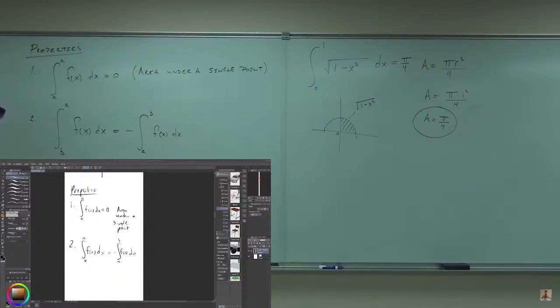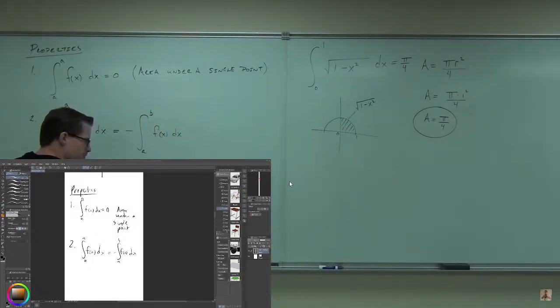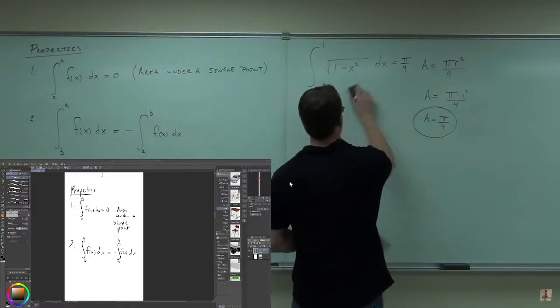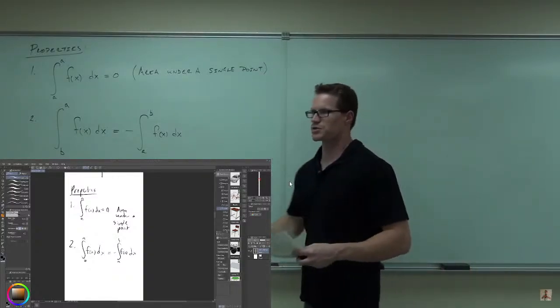Okay, third property. Just like before, even with definite integrals, you can always pull a constant outside of your integral. So if we have c times f of x, where c is a constant, this is the same thing as c times that integral. Also, just like before, this also works with definite integrals.